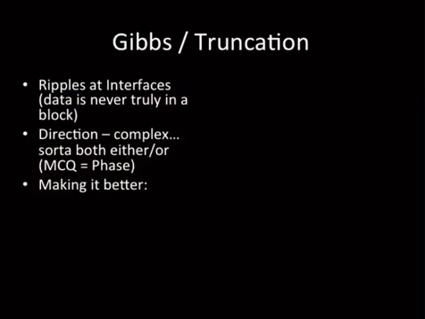You've got ripples at these interfaces, especially at abrupt interfaces. They're much more noticeable. So if I had orange next to a slightly different shade of orange, you may not notice that as much as orange on red or red on yellow. So that's what causes this artifact.